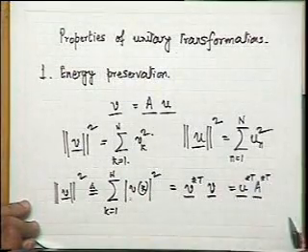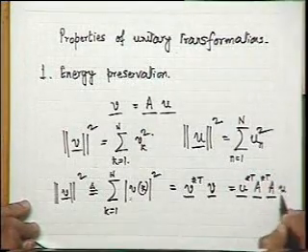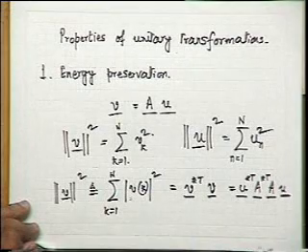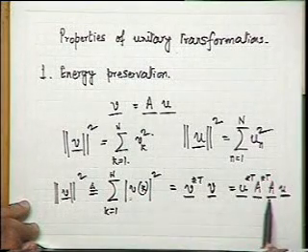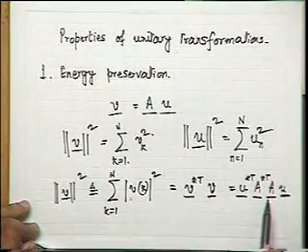All right, and what is V? V is nothing but A U. All right, what is A star T A? It results in an identity matrix, because A star T is equal to A inverse by the basic definition of unitary matrices.